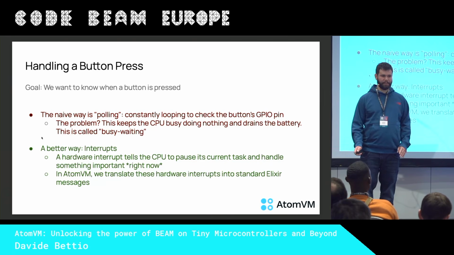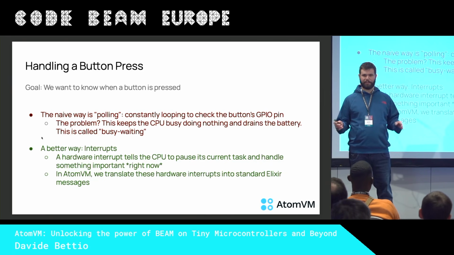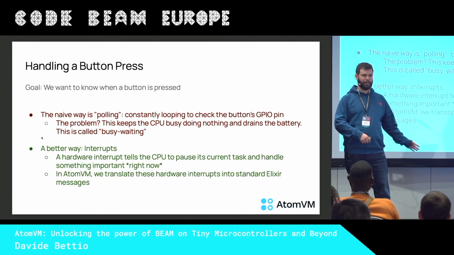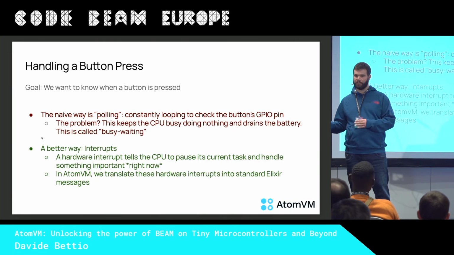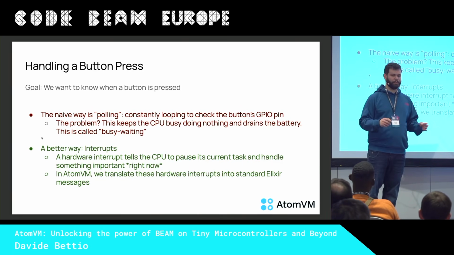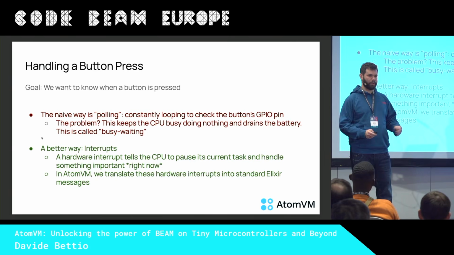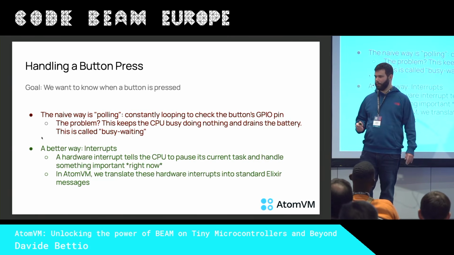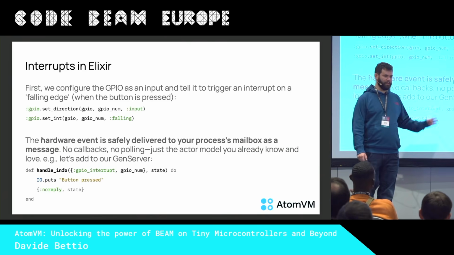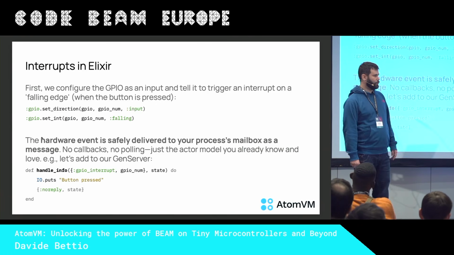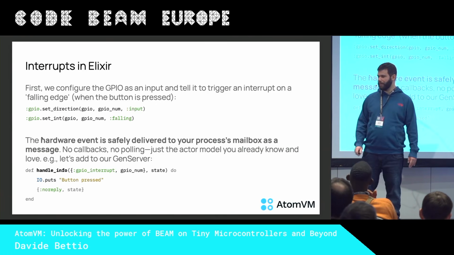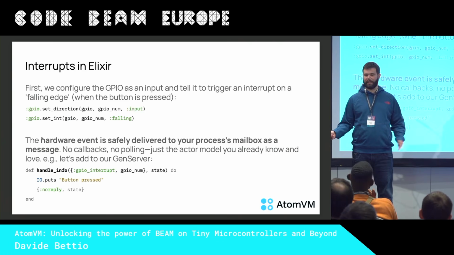And you have interrupts, which are when you stop software from executing to run other functions. But this doesn't really work nicely with the Erlang world. We have messages that are way better. So we do this also in AtomVM. If you want to handle your button press, you just need something like a gen server.